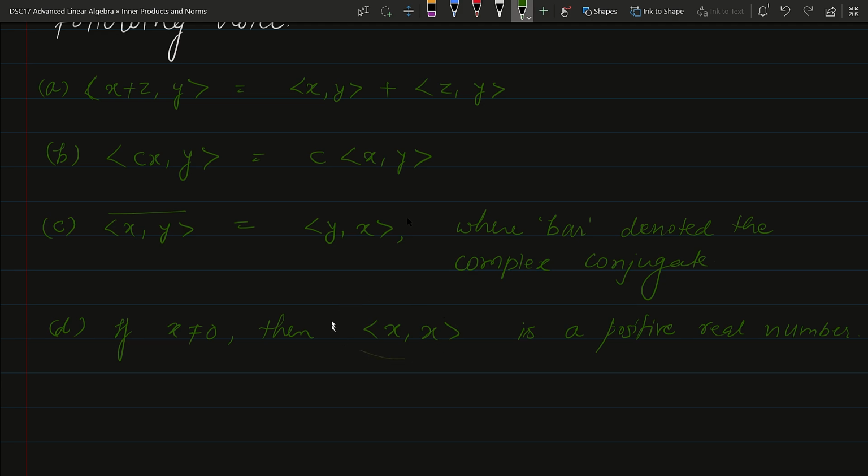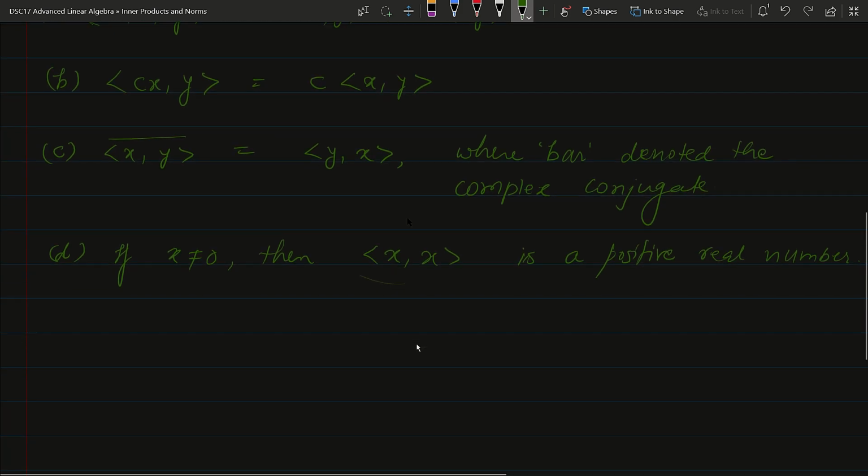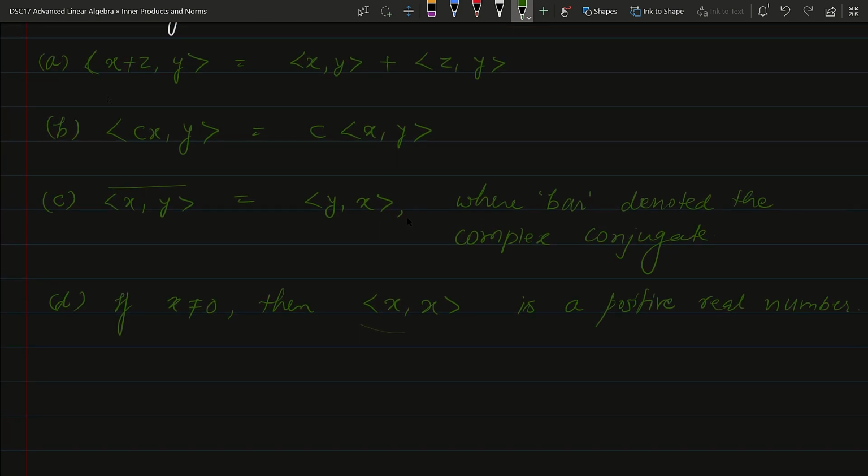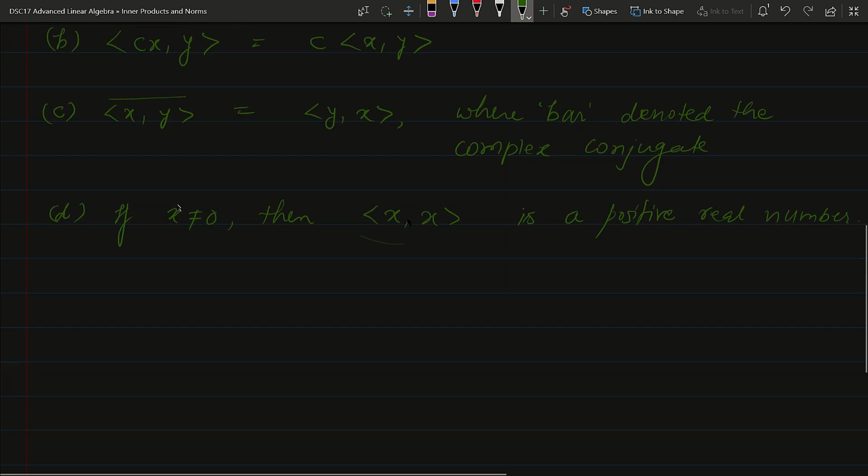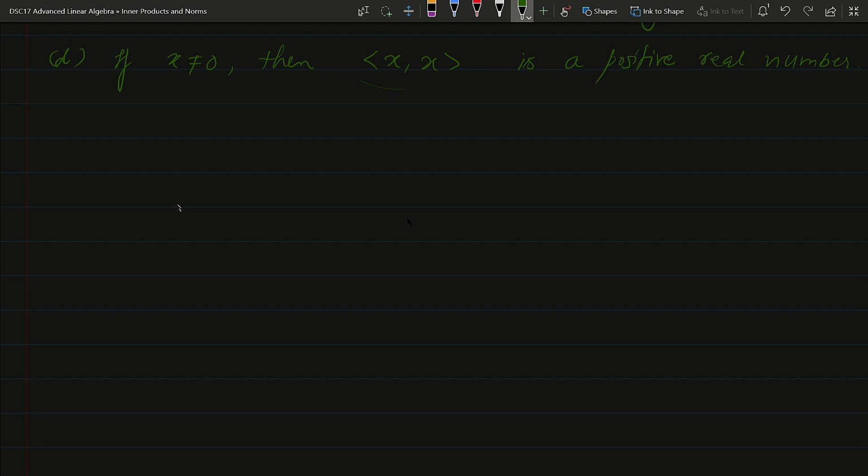Okay, so this must be strictly greater than 0. So these are the four conditions which have to be satisfied by a function in case we want to prove that the function is an inner product. Okay, so let us discuss some examples so that we can identify कि ये सब किस तरीके से काम करता है.